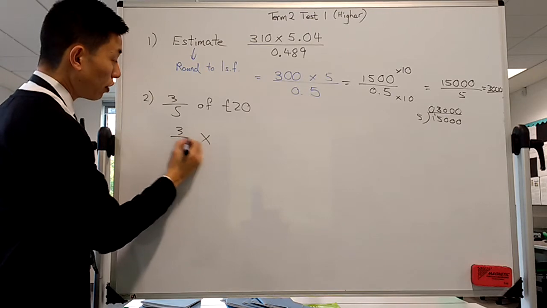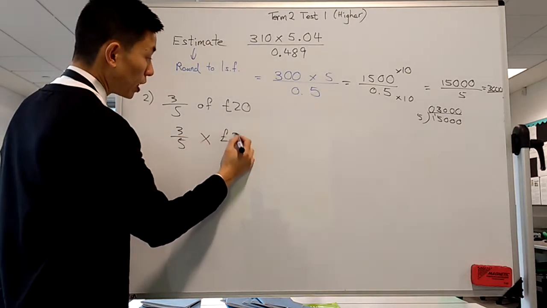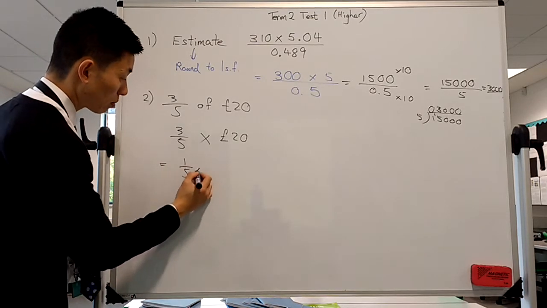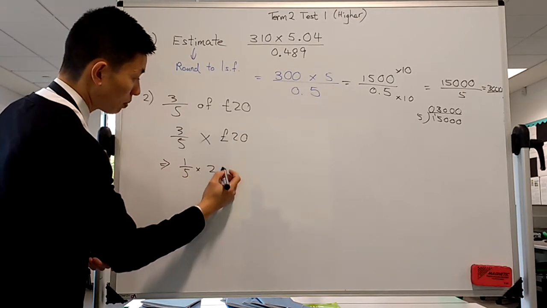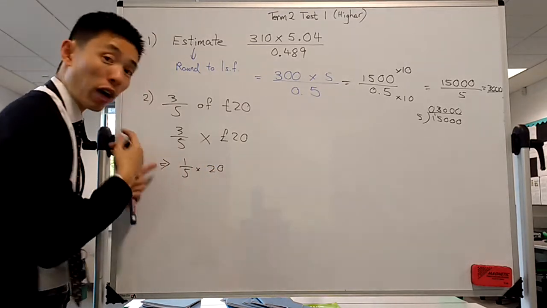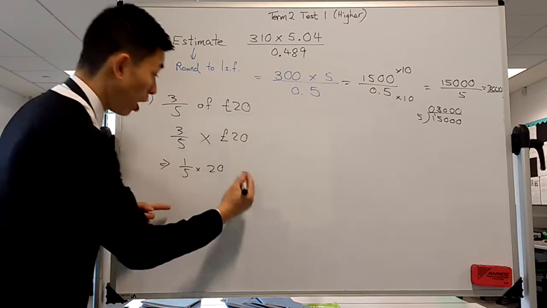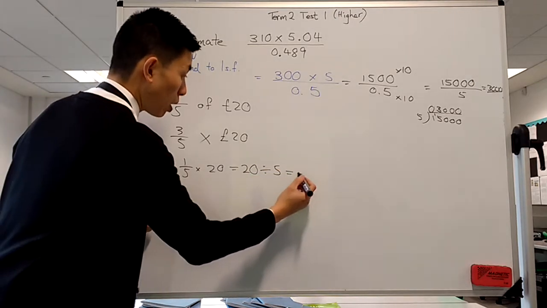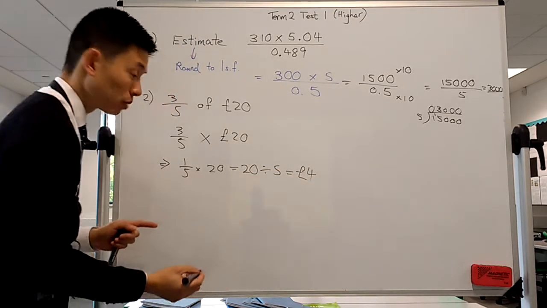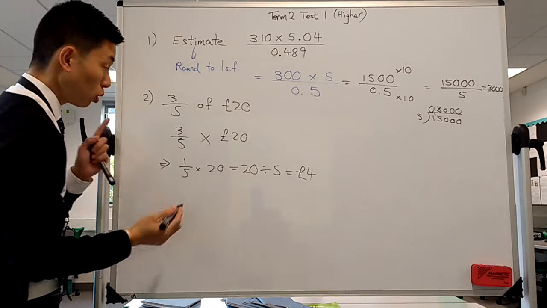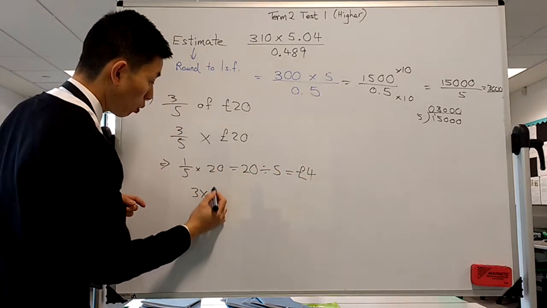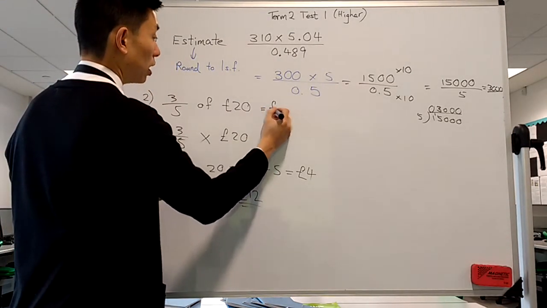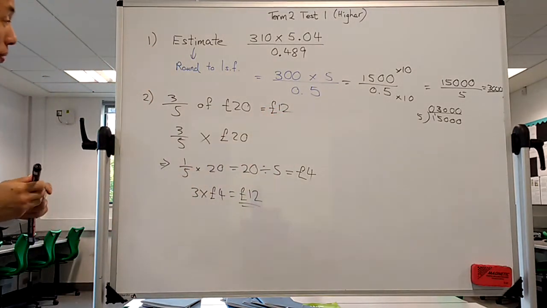So to find 3/5 of 20, you could simply find what 1/5 is first, and to find 1/5 you just divide by 5, because you're sharing into 5 parts and each part is worth £4. Then 3/5 will be 3 lots of £4, and that comes to £12. So that's equal to £12. Okay?